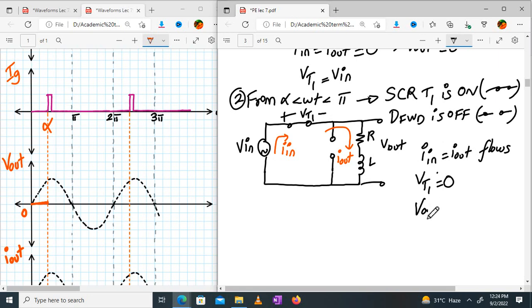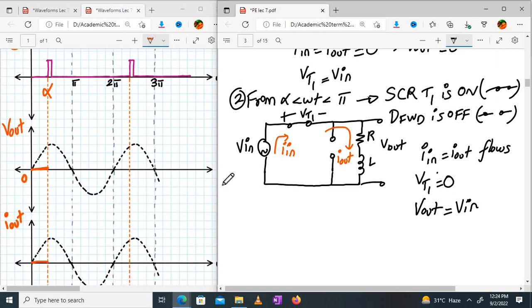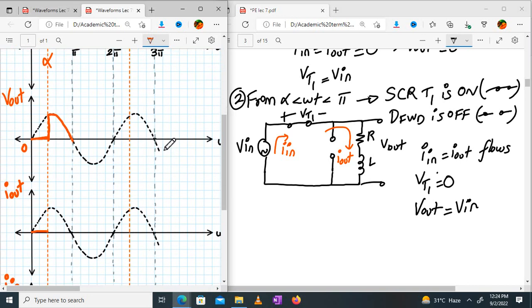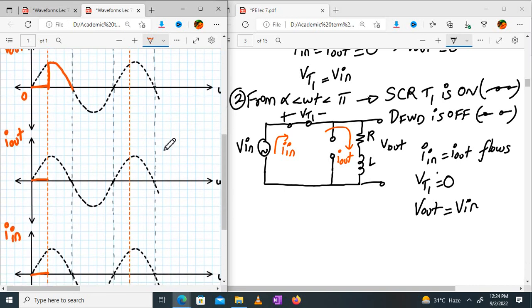What about V out? Remember, V in is equal to VT1 plus V out. If VT1 is 0, V out will be equal to V in, so the output will follow the input from alpha to pi. Is it okay? Now let us gather this information and apply it over here. So my V out will follow V in till pi. Correct? What about I out? We know how I out will behave in an RL load. So I out will increase and it will extinguish at beta.